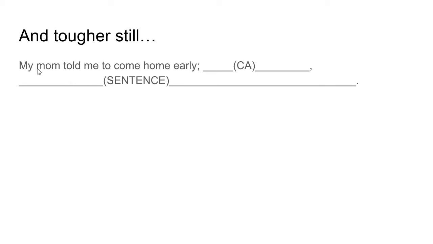And then if we made it even just a little tougher, now I'm going to ask you to practice finishing a sentence. My mom told me to come home early, semicolon, conjunctive adverb, comma, now I have to have a whole other sentence. So I might say, my mom told me to come home early; instead, I stayed out all night.